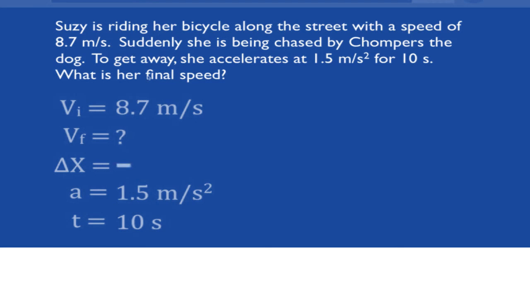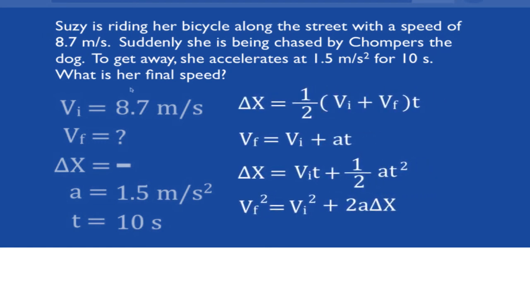We are not given the change in position, or trying to solve for the change in position, and therefore I can use my kinematic equations, because once again I have been given three of the variables, and I need an equation that has the final velocity in it. So let's check the first equation. Does it have the final velocity?